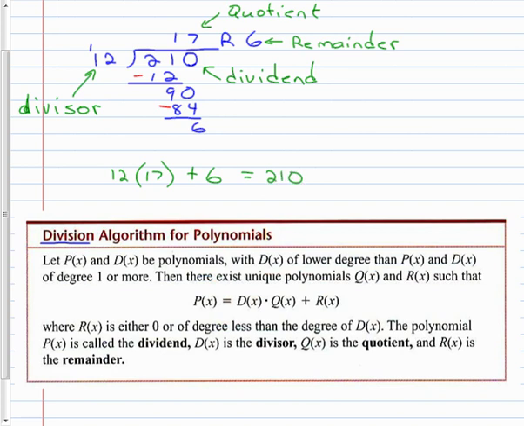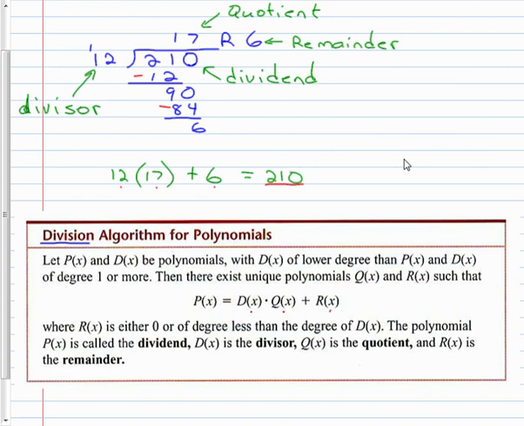So right down here, if I have polynomial P and polynomial D, where D is a lower degree than P, it's smaller in other words, then there exist unique polynomials Q and R such that my original polynomial, that's just like the 210, equals the divisor times the quotient, plus the remainder.